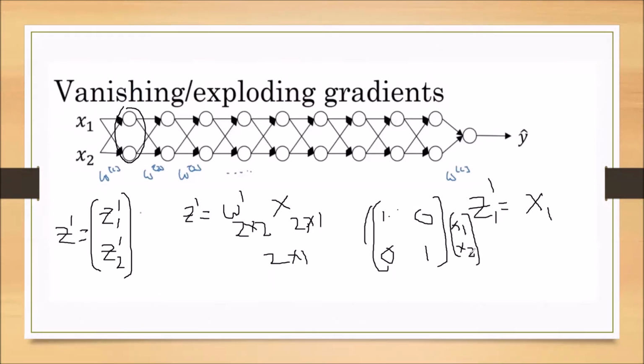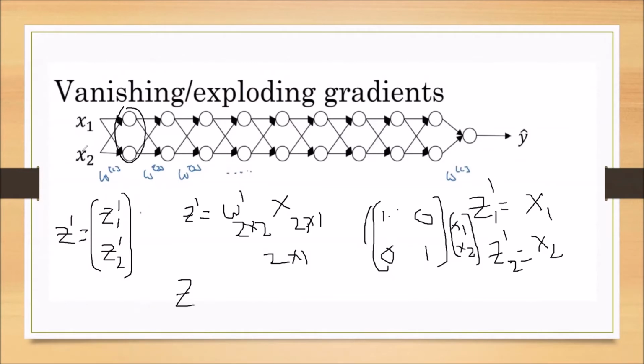Now we take Z2, the second element in this matrix. When we multiply this matrix, we get the result X1 and X2. So here Z superscript 1 subscript 1 is X1, and Z superscript 1 subscript 2 is X2.